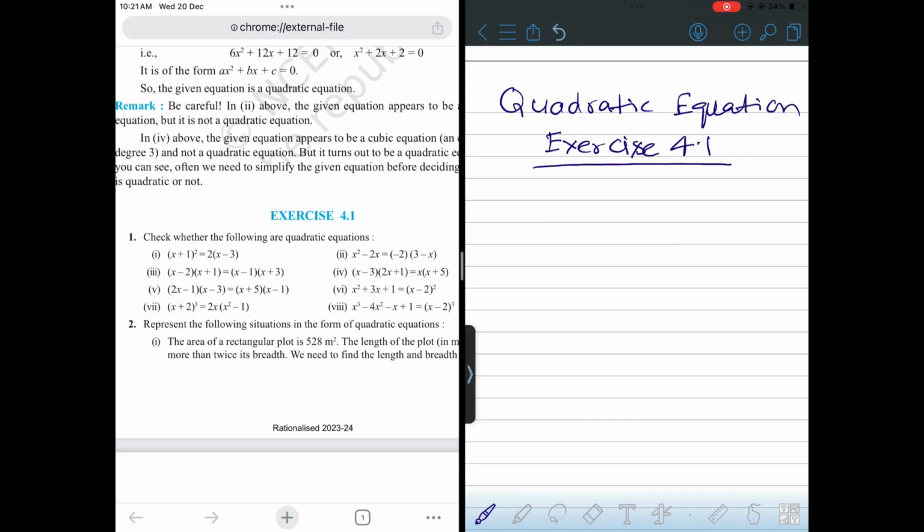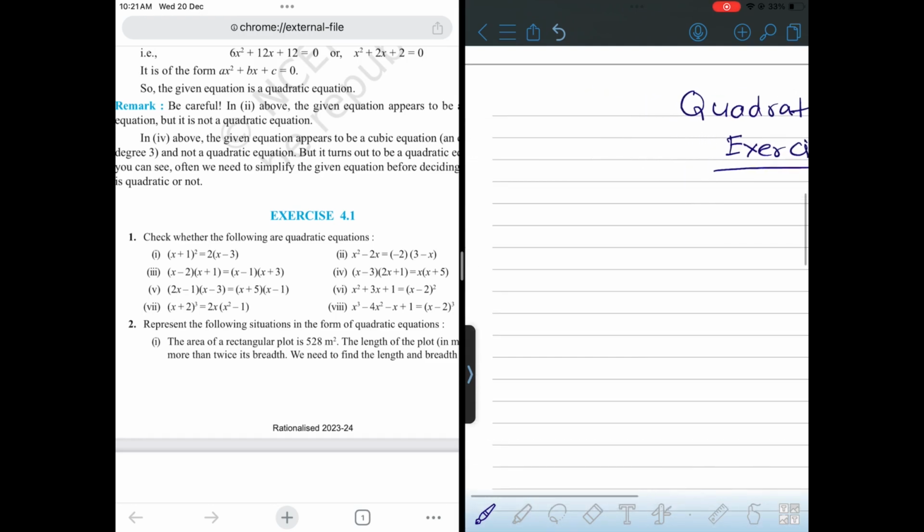Now let's see the first question, which says check whether the following are quadratic equations or not. We'll start with the first equation and solve all the equations to see whether they are quadratic or not. So let's start with the first one.